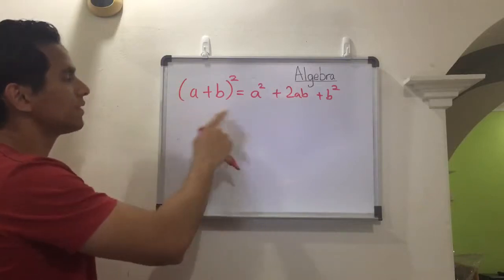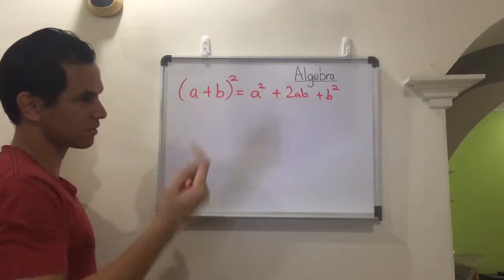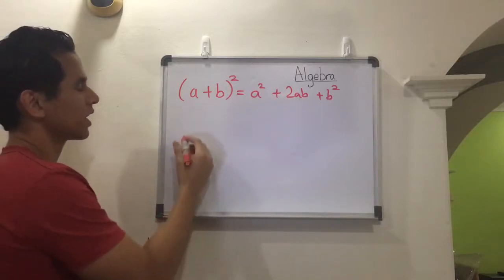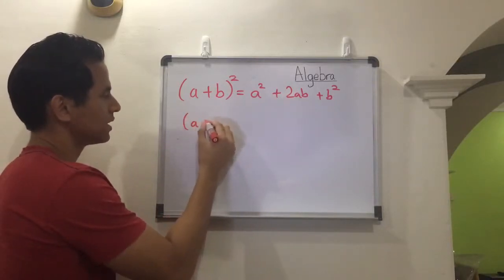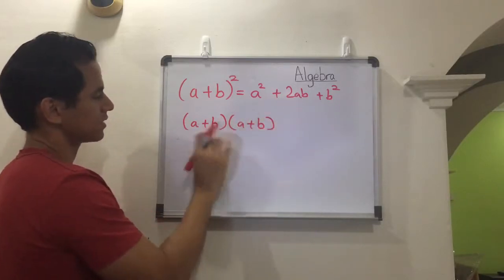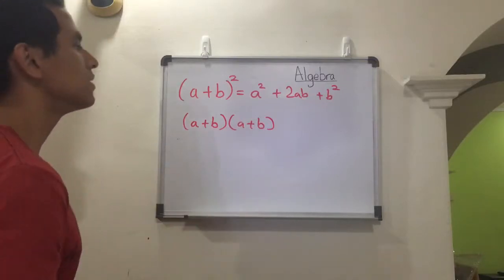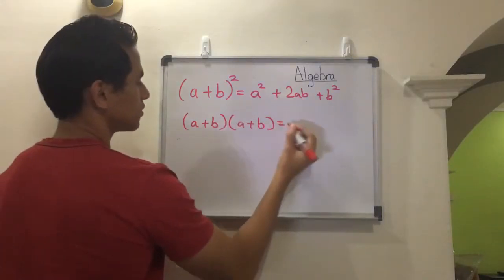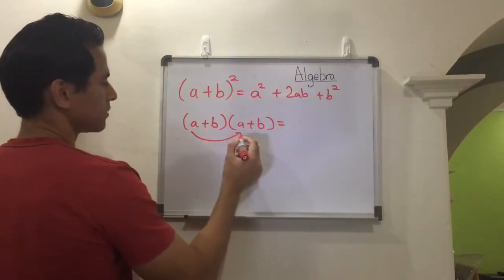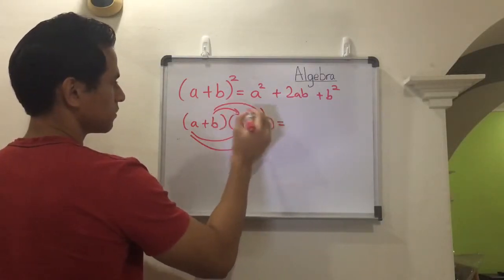Why I say that is because (a plus b) square is going to be this, but actually you also can work it out on your own. Let's say you forgot, right? You can actually work it out in the exam. What you can do is just expand it: rewrite (a plus b) square as (a plus b)(a plus b), and now you just expand it. What do you get? a times a, a times b, b times a, b times b.